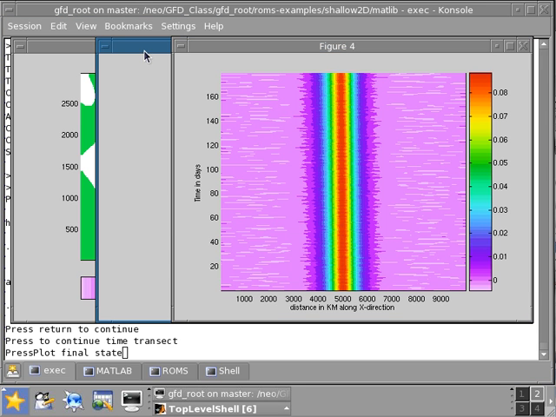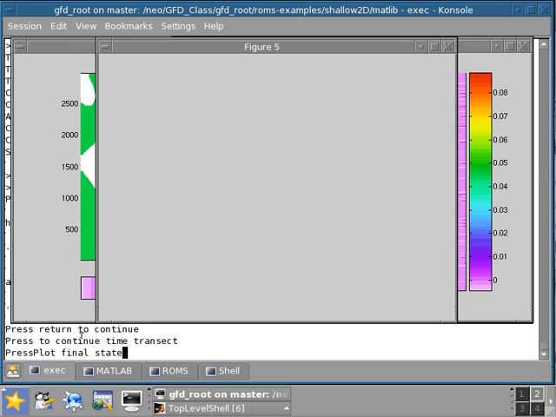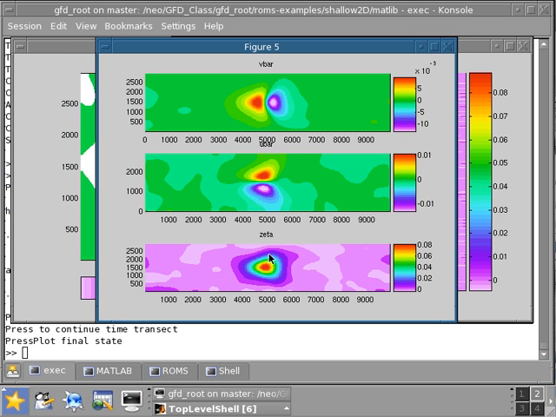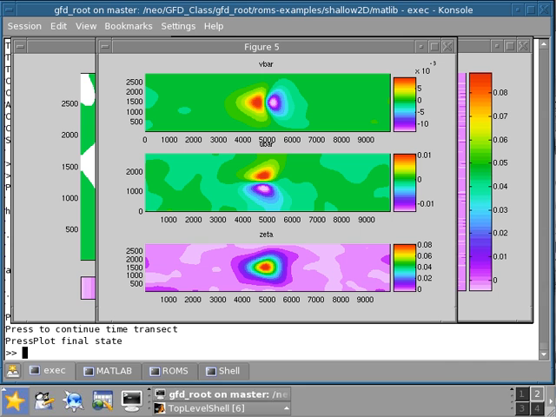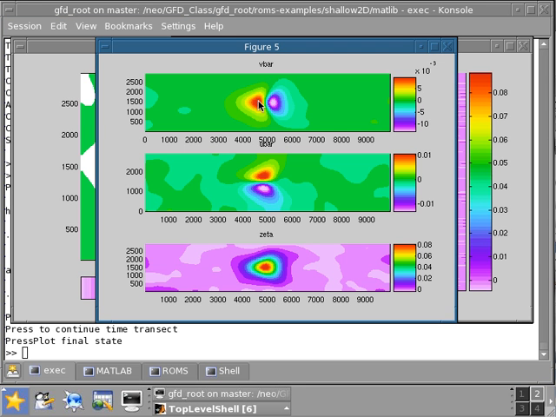Anyway, if we look at the final state of the solution, we find again that the bump remains in place, and that the solution is locally geostrophically adjusted. Okay, although you see some distortion, if you like. Okay, so this is all for these topographic waves, and in this case topographic and planetary waves together.